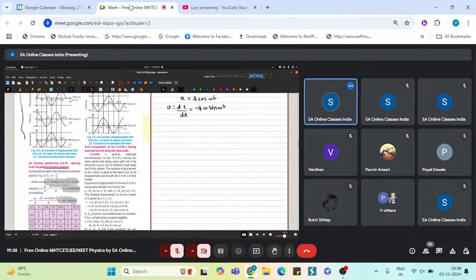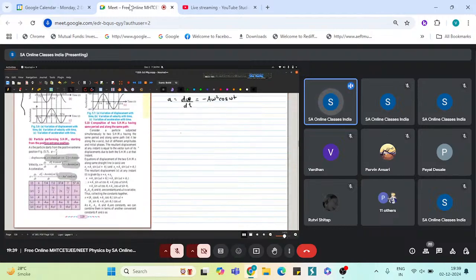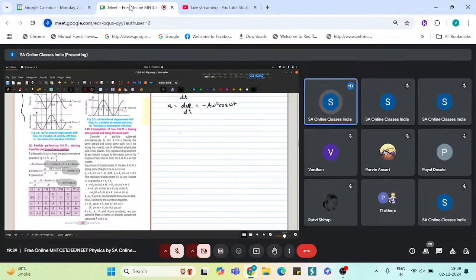And acceleration is again just the second derivative of displacement or the first derivative of velocity, which will come out to be minus A omega square cos omega t, right? And this is how you can calculate velocity and acceleration directly if you know the displacement.